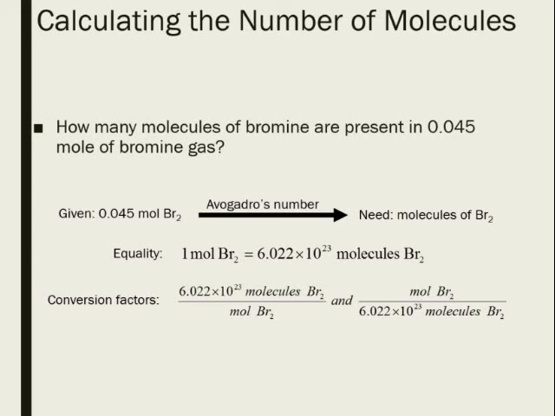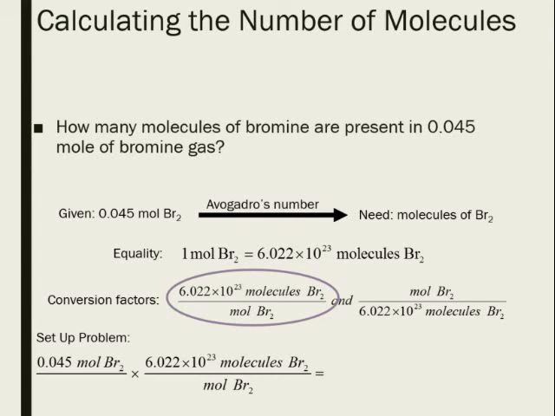Now, for this particular problem, since we've been given moles, we're going to want moles to cancel. So I'm going to want something that has moles of Br2 in the denominator. So this one looks good to me. Let's set up the problem. So start with 0.045 moles of bromine. We're going to multiply that by, again, the conversion factor. This conversion factor is equal to 1 because both of those values are equal to one another.